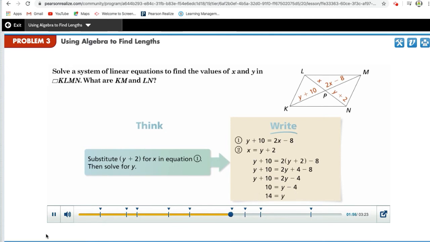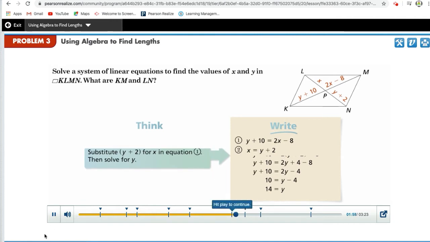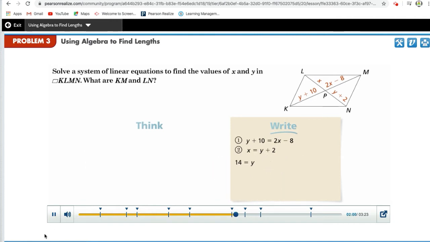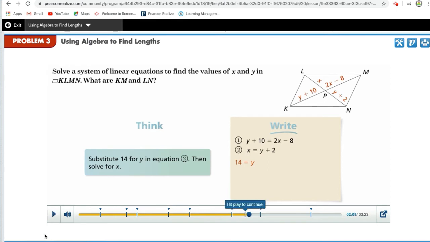So y equals 14. Now substitute 14 for y in equation 2, then solve for x. x equals 16.